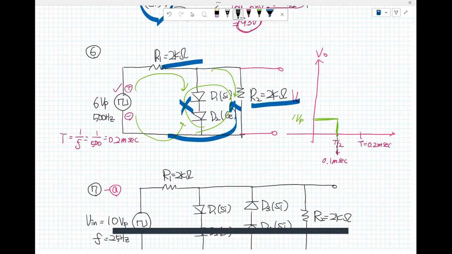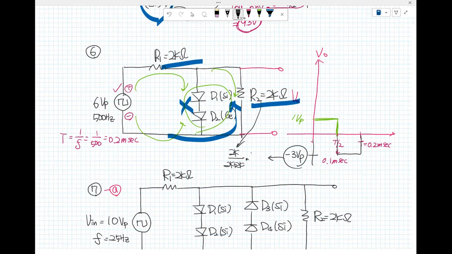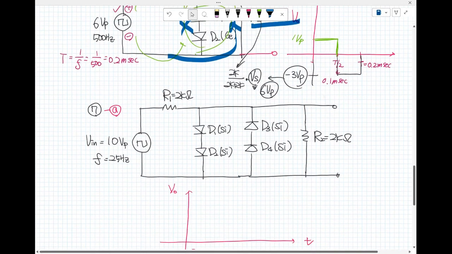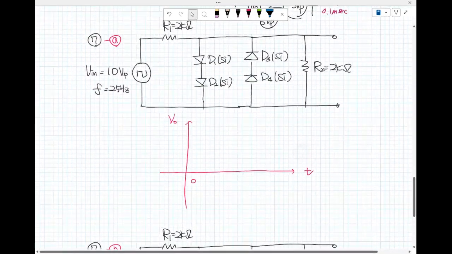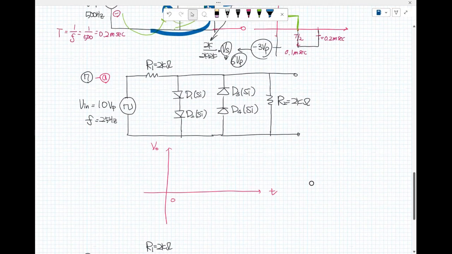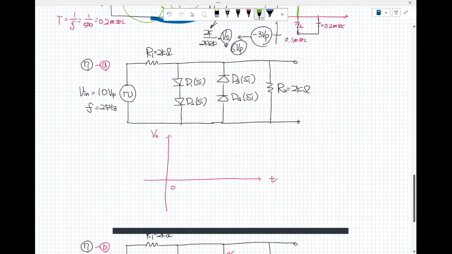Minus 3 V sub P, because 2K plus 2K over 2K, right there, voltage divider rule, and V sub S. V sub S is what? 6 V sub P. Okay. All right. Okay, 2 more questions. We are almost finished. Okay, 2 more questions. Now, I'm gonna go really faster.